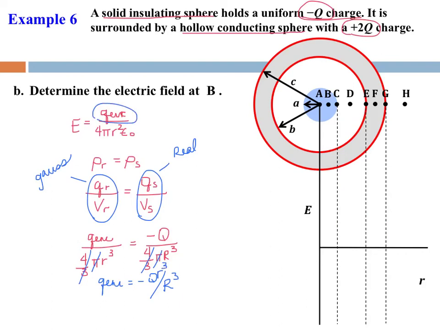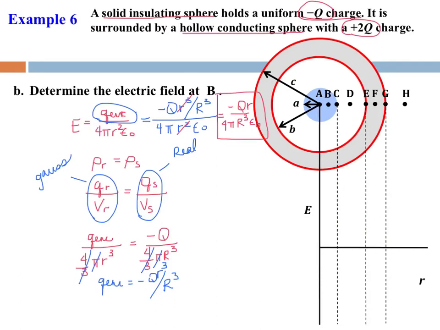So where we see Q enclosed, we're now going to put in negative Q r cubed over R cubed, over 4 pi r squared epsilon naught. And you can make some simplification here. These r's will cancel, and you're left with negative Q over 4 pi, with an r on top and R cubed at the bottom, epsilon naught.